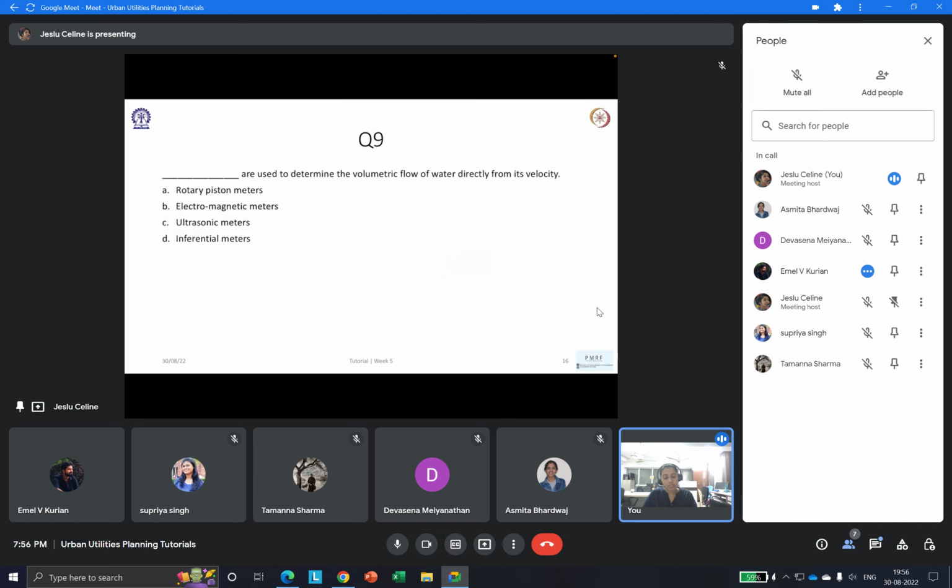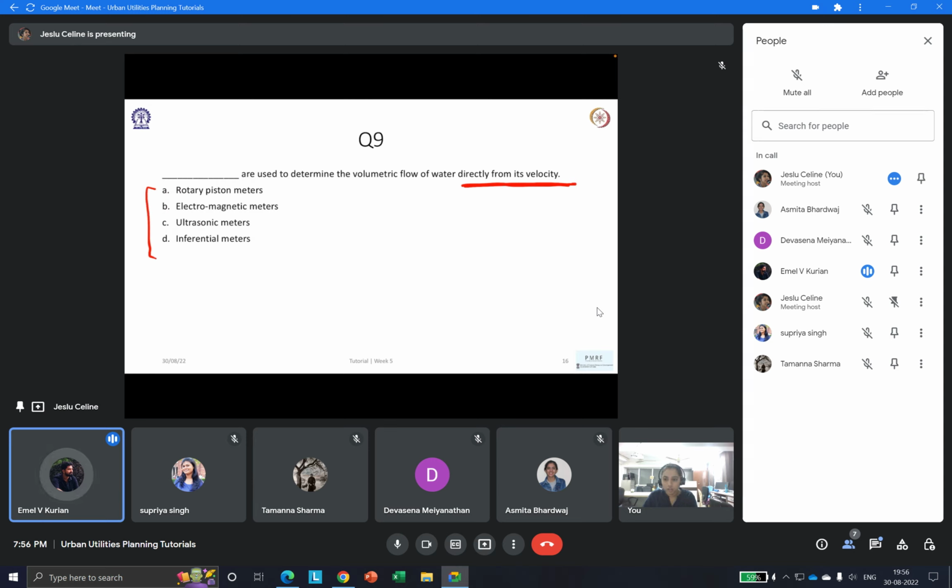Okay, next question. Dash are used to determine the volumetric flow of water directly from its velocity. So, all these are used to infer volumetric flow, but directly from velocity, which of these uses? Any guesses, anybody? Rotary piston meters? Tamanna says it's electromagnetic meters.